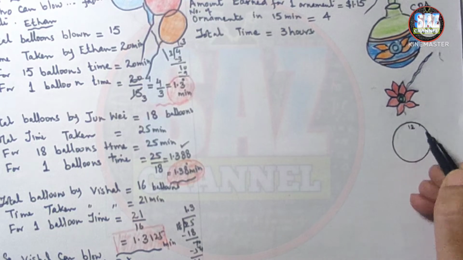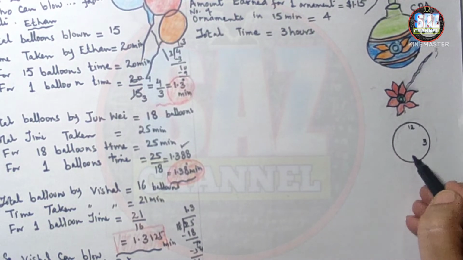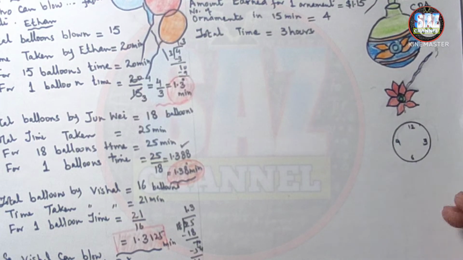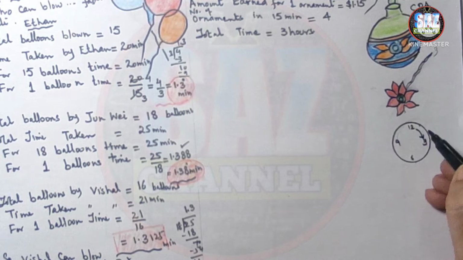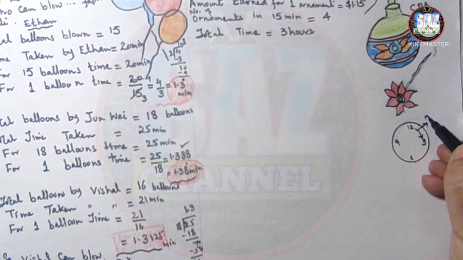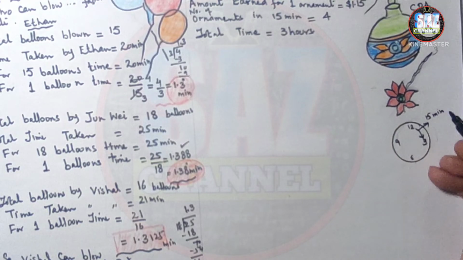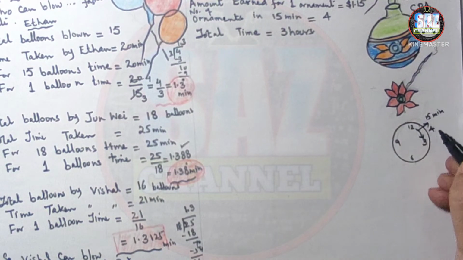This is 12, this is 3, this is 6, and this is 9. Look, these are 15 minutes, and how many ornaments is he making? 4 ornaments.